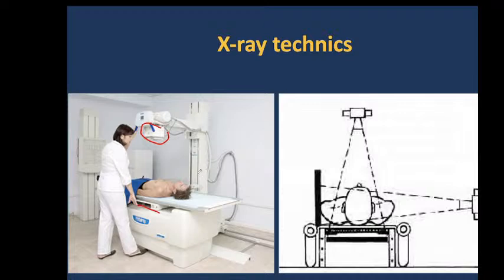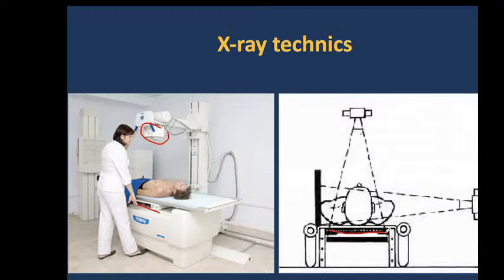When X-rays pass through the body, some of them are absorbed by the organs and the rest hit the receiver. Bones are very good at absorbing X-rays, but the other rays come to the receiver.